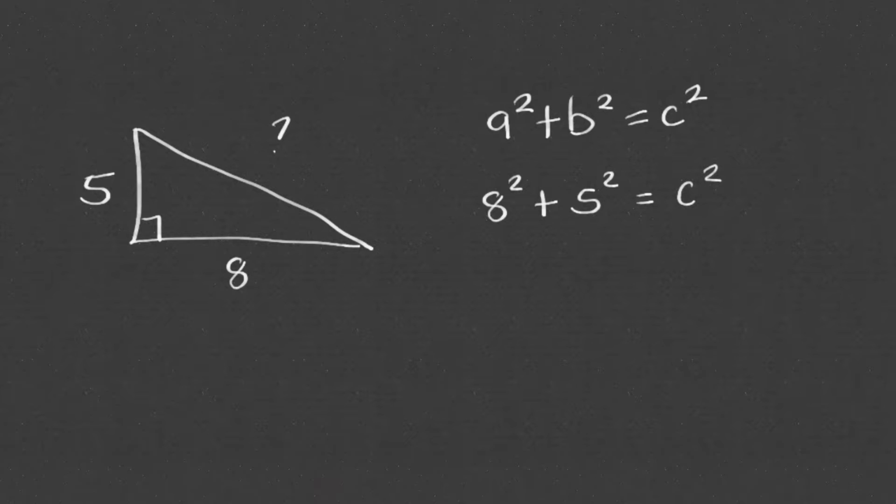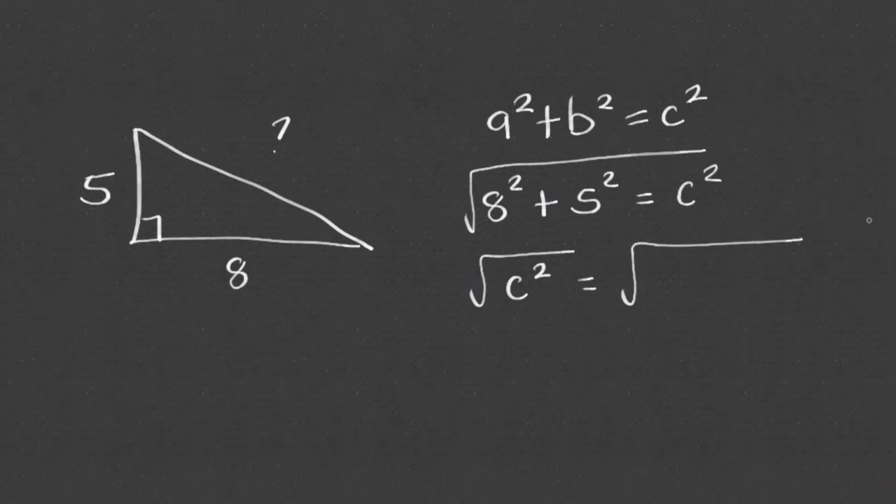To solve for c, the hypotenuse, we first need to eliminate the exponent by finding the square root. So the square root of c squared is equal to the square root of 8 squared plus 5 squared. Therefore, the answer will be 9.43.